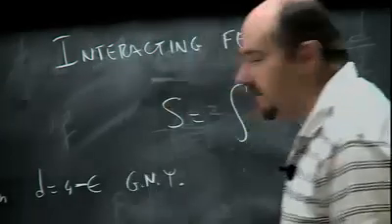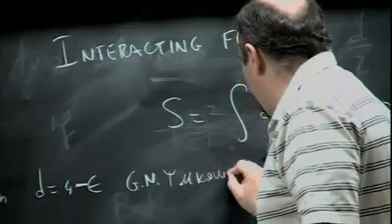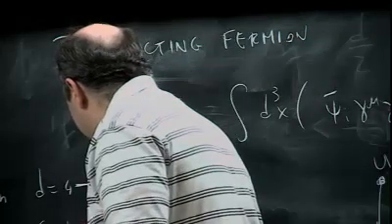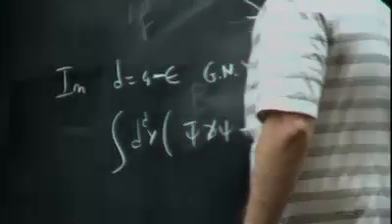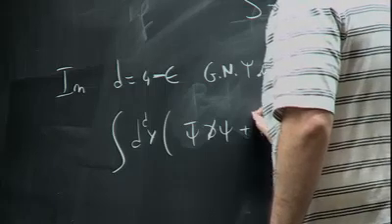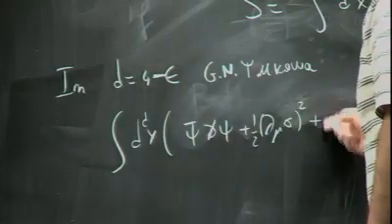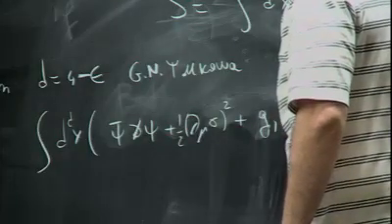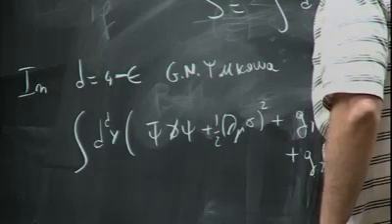We can call it a Gross-Neveu-Yukawa model, which is an action which involves fermions plus an extra scalar plus a Yukawa interaction plus another coupling.